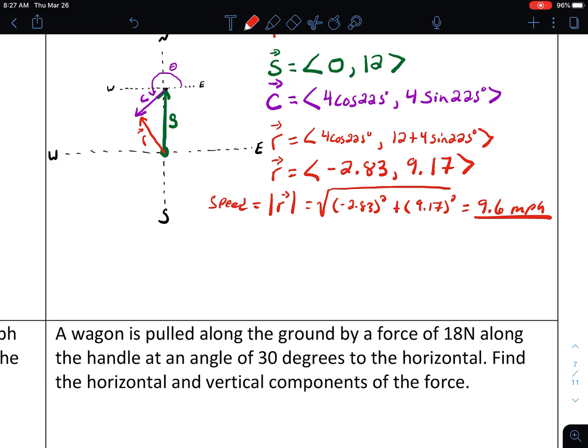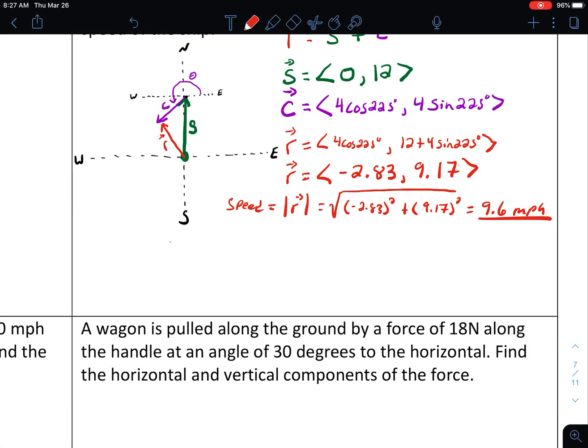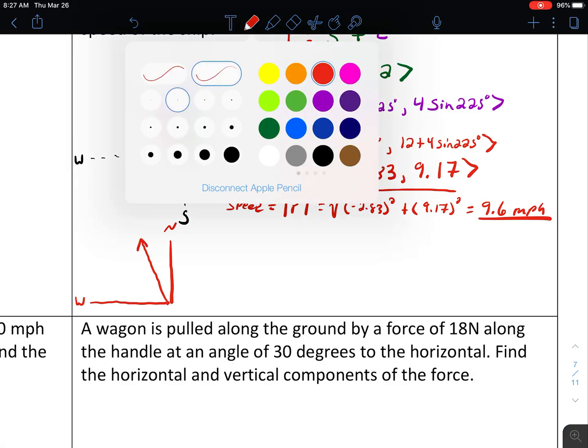So we know this vector's heading over in quadrant 2. I have north, I have west here. It's going kind of this direction here.